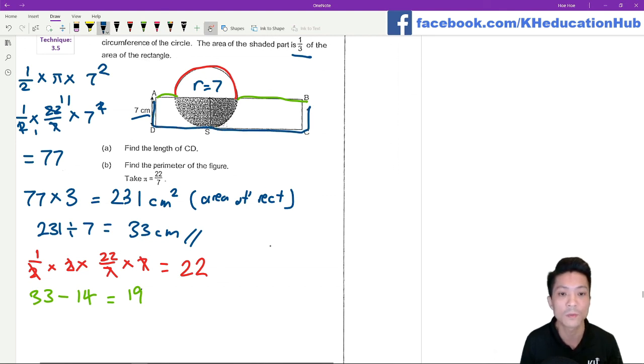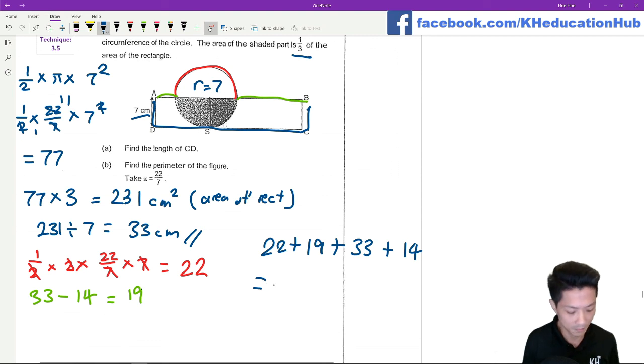Okay, so it will be 22 plus 19, 33 plus another 14. 88 cm. This is the answer for part B.